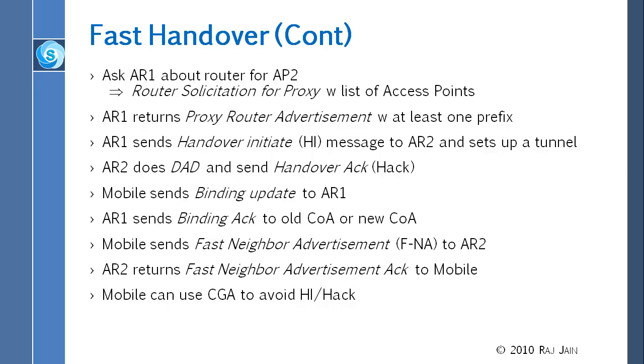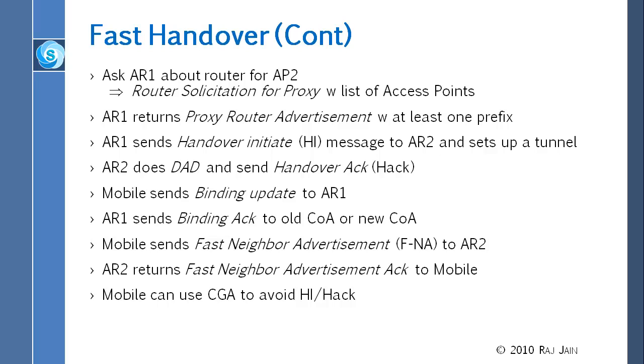All right, so this is actually exactly what I have already told you. Let me just double check that there is nothing new here. Yeah, solicitation, advertisement with at least one prefix, and then it sends a message, AR1 sends to AR2, AR2 does the DAD.